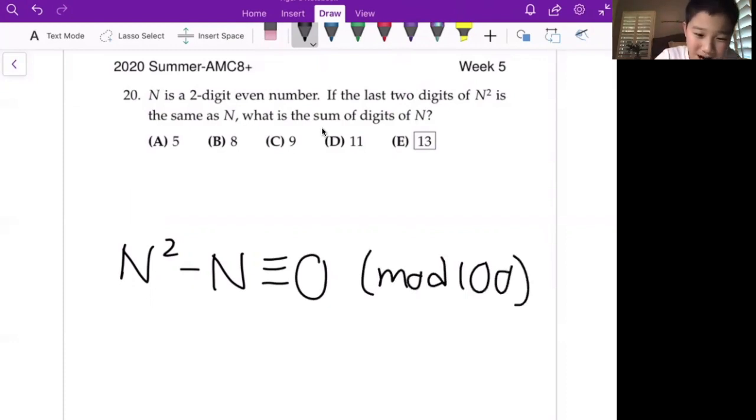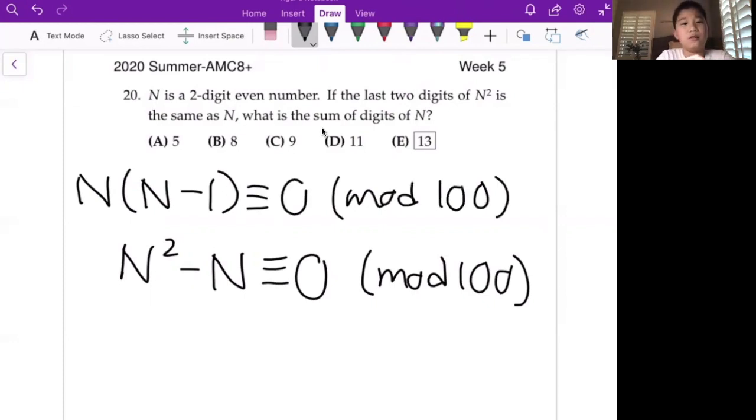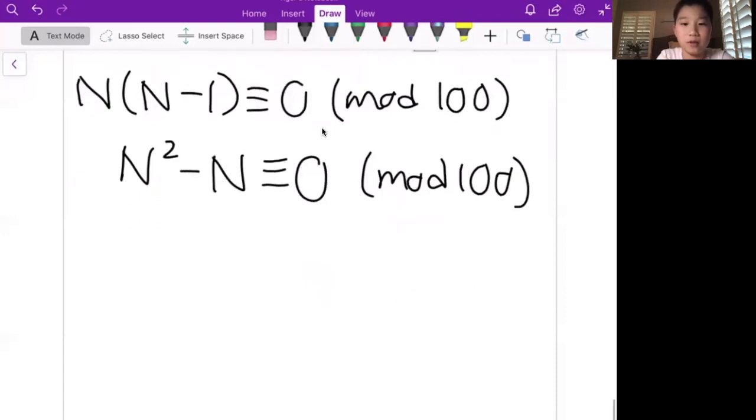So let's factor this. N minus 1 times n is equal to 0 mod 100. So 100 is equal to 4 times 25, which is 2 squared times 5 squared. So let's analyze the 5 part first because it's more restricted.